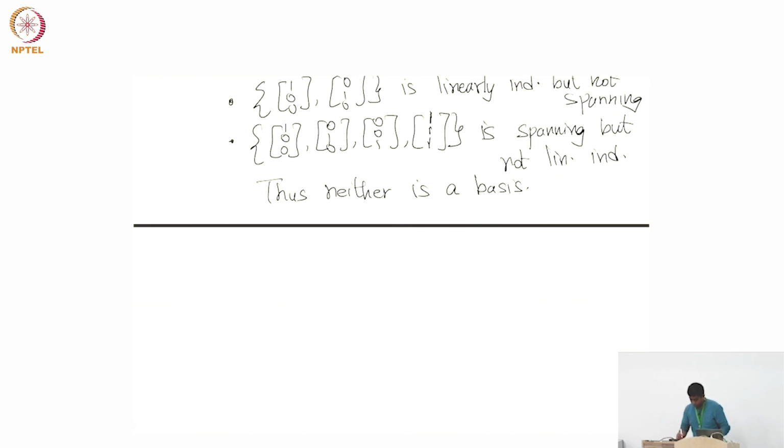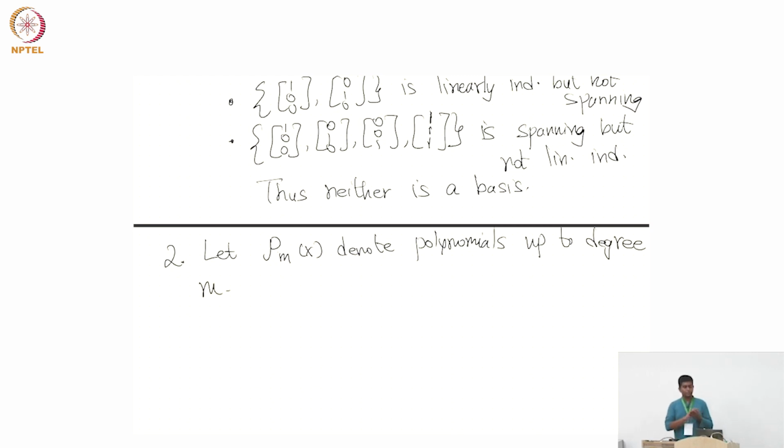Okay, so let Pm(x) denote polynomials up to degree m. So this is not P(x), this is polynomials up to degree m.